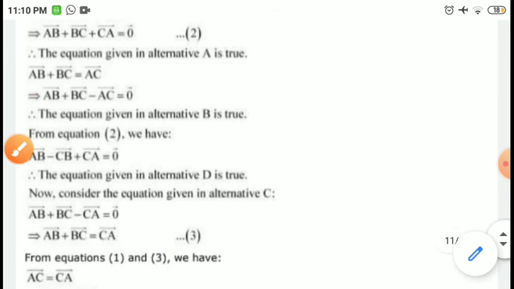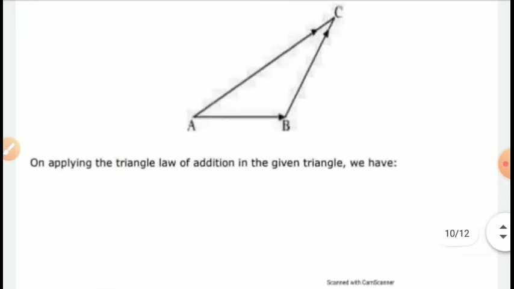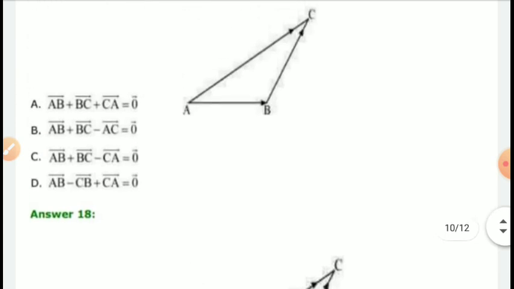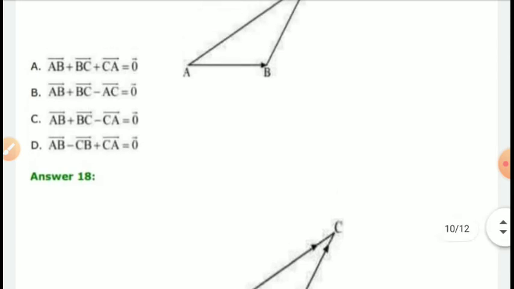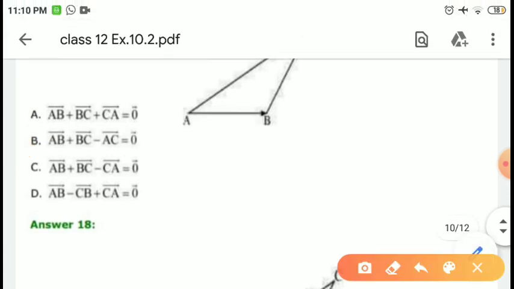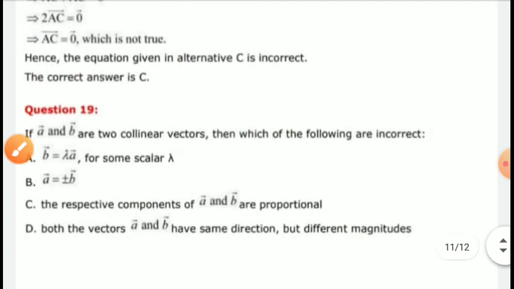The second one is true, and let us go for the equation in C. AB plus BC plus minus CA: when the first one is true, the third one is not true. And the fourth one, D, is true, because in the place of BC you can write minus CB, then it becomes true. So only C is false, the remaining are true.